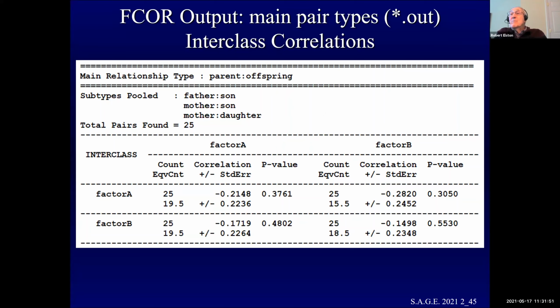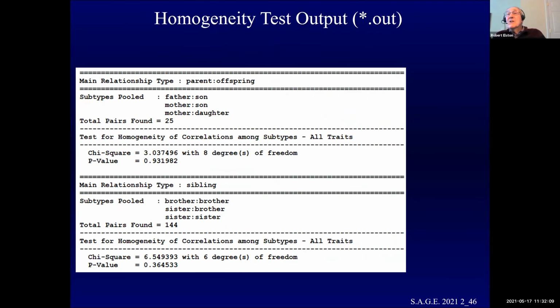Now let's look at the parent-offspring correlation, and it's going to pool the father-son, mother-son, and mother-daughter, all subtypes pooled. Look at these subtypes pooled here.